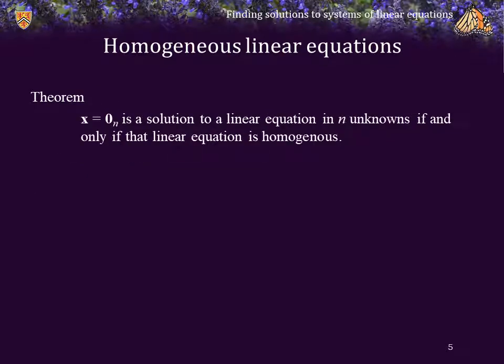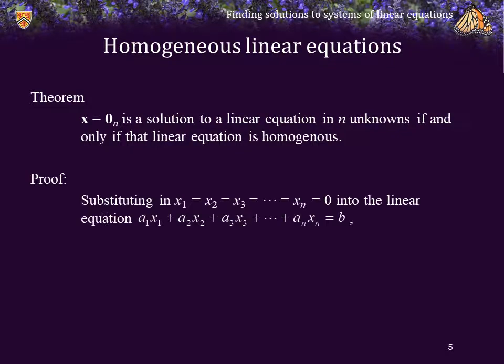Theorem. The n-dimensional zero vector is a solution to a linear equation with n unknowns if and only if that linear equation is homogeneous. Proof. Substituting in 0 for each of the unknowns into this linear equation, we get that the left-hand side is equal to 0.